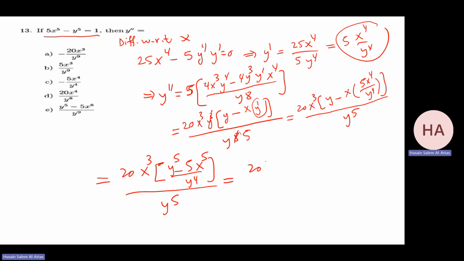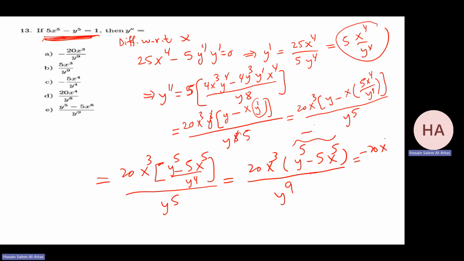So that gives me 20x cubed over y to the power 9 times y to the power 5 minus 5x to the power 5, which is what? If you look, this is minus 1. So it's minus 20x cubed over y to the power 9, which is this one.